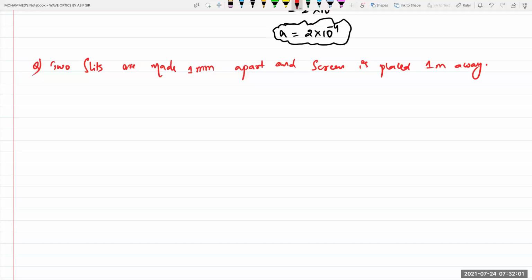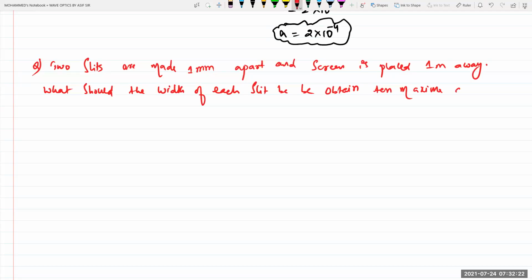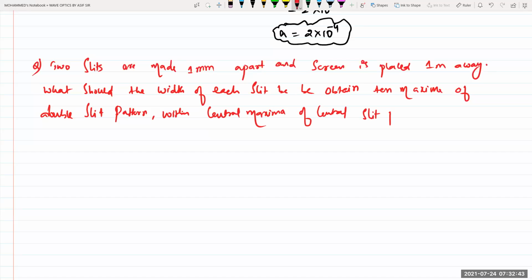What should be the width of each slit to obtain 10 maxima of the double slit pattern within the central maximum of the single slit pattern?